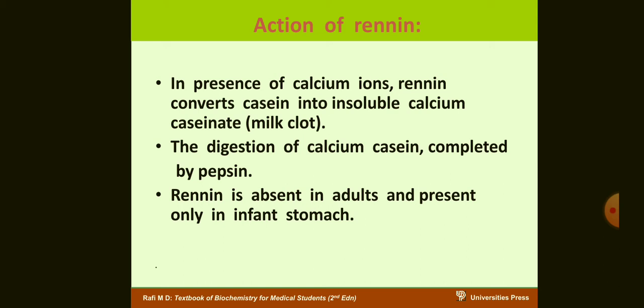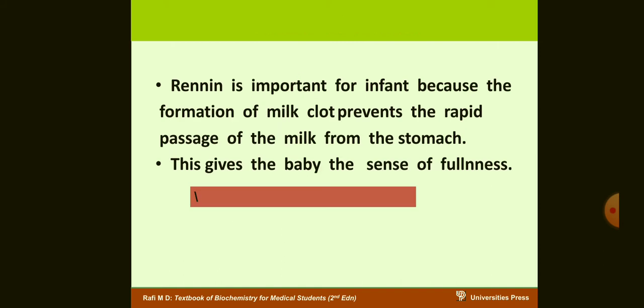The digestion of calcium caseinate is completed by pepsin. Renin is absent in adults and present only in the infant stomach. Renin is important for infants because the formation of milk clot prevents the rapid passage of milk from the stomach. This gives the baby the sense of fullness.